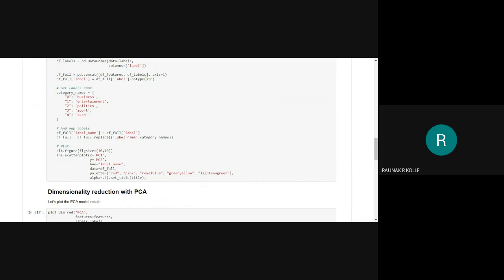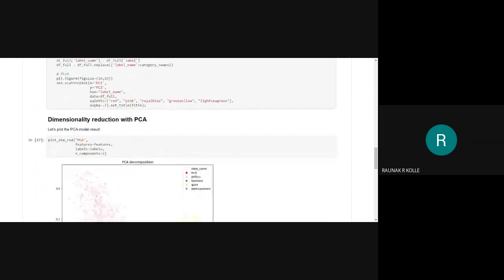Dimensionality reduction with PCA. Let's plot the PCA model results.